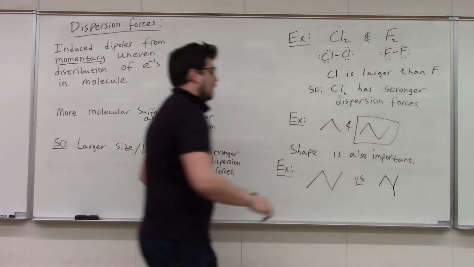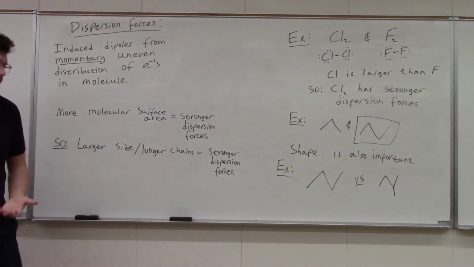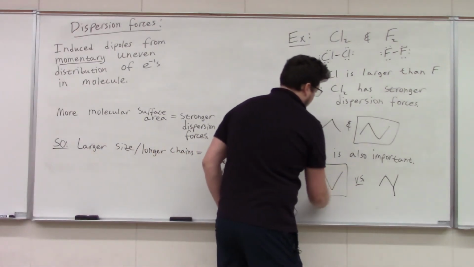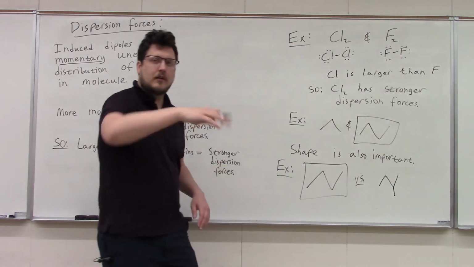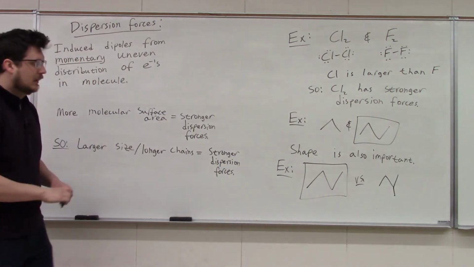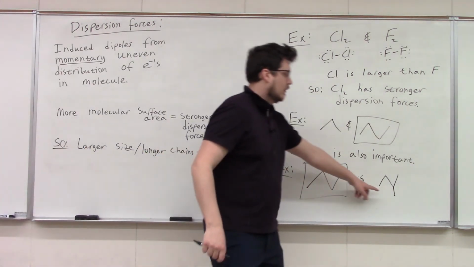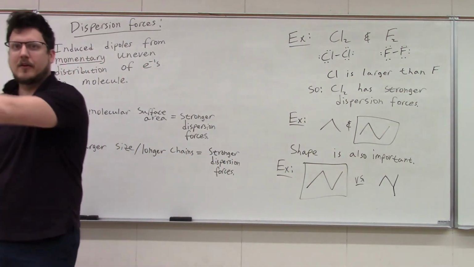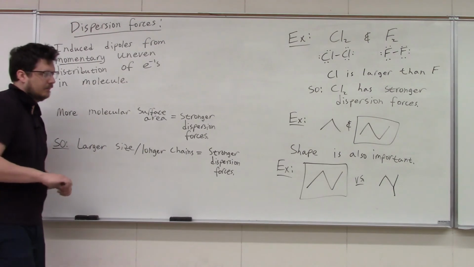So it's still 5 carbons. It's the exact same number of atoms, but this one's going to win because it is more flexible. It is a longer chain. So that's why it wins. So branching will lower your dispersion forces. You want one nice long continuous noodle if you can get that.